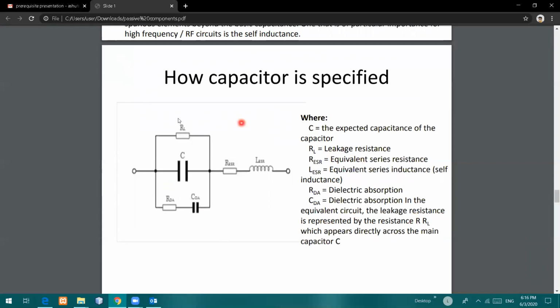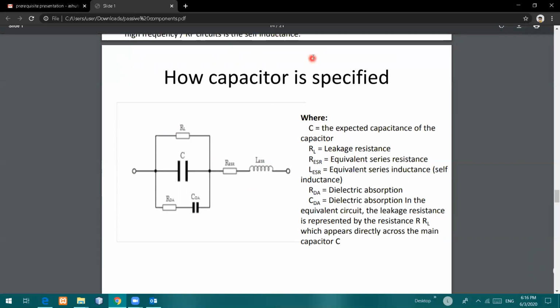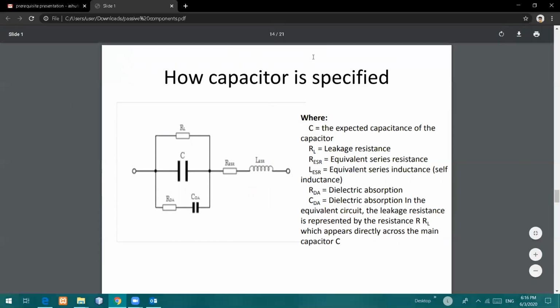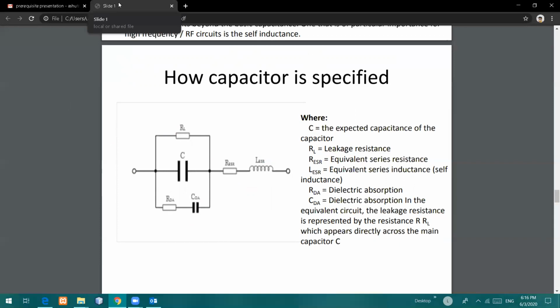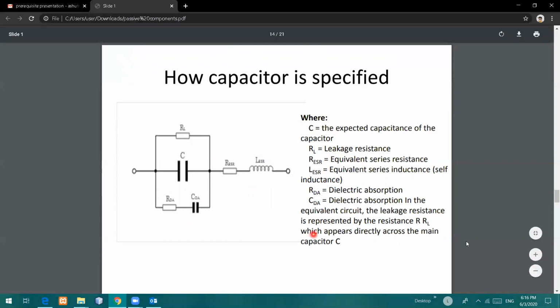Basically, a single component consists of so many internal components, and these internal components decide the actual value, and therefore it is very important.